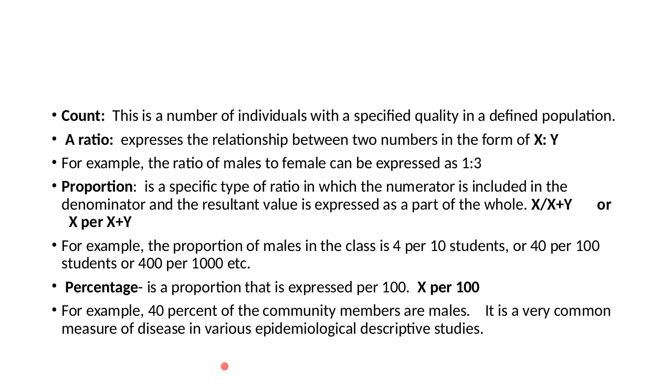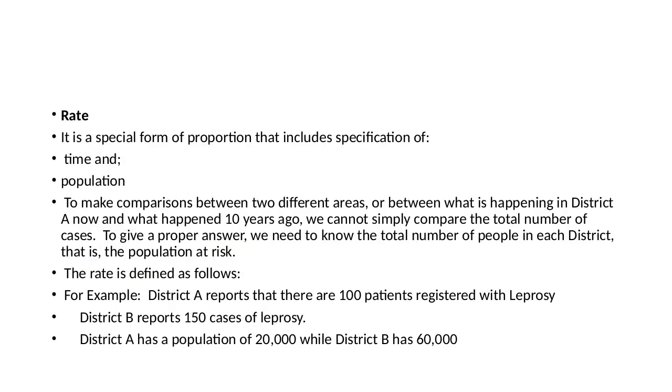But definitely, we normally get percentages from our proportion, because we need to know what percentage of students may be female or male in a class. So if the class has 200 students and the number of males is 100, to find the percentage, you need to take 100 divided by 200 times 100 for you to get the percentage. So percentage is a special example of proportion.